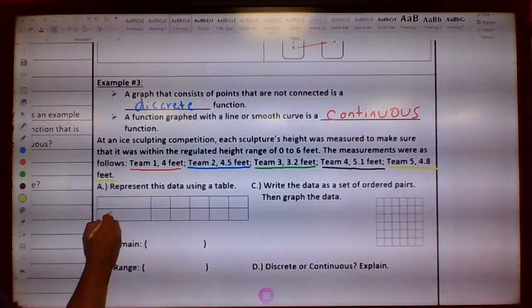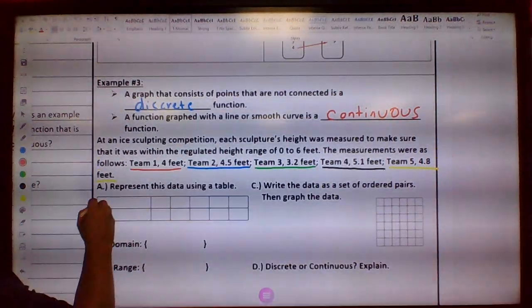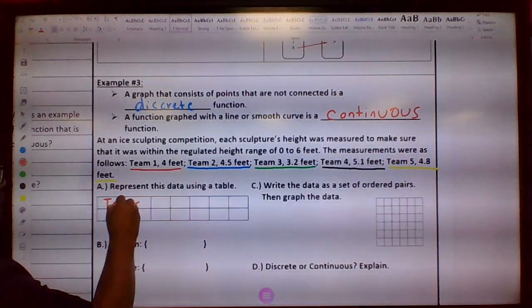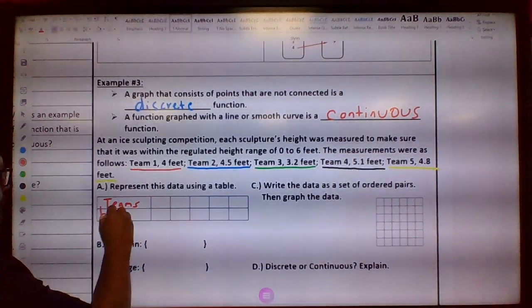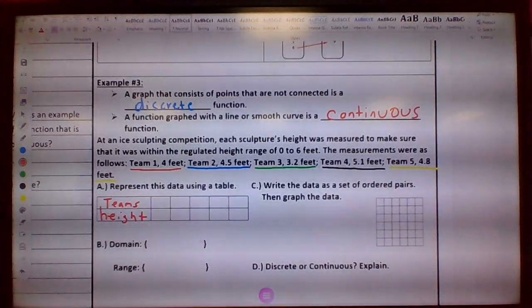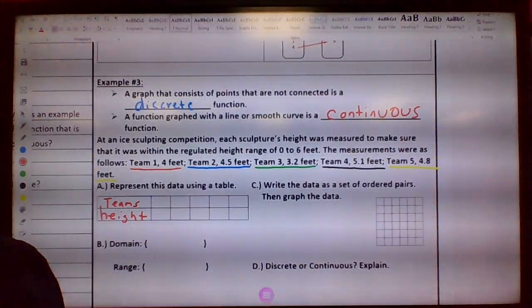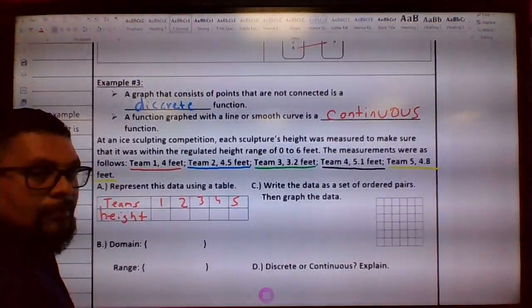For A, represent the data using a table. So we're going to put the teams here, and we're going to put the height here. Go ahead and fill them in. The teams are team 1, 2, 3, 4, and 5.